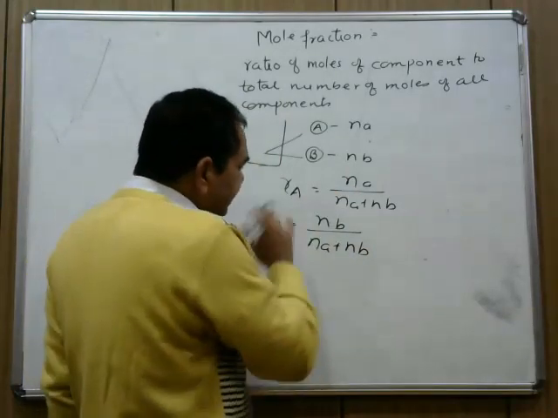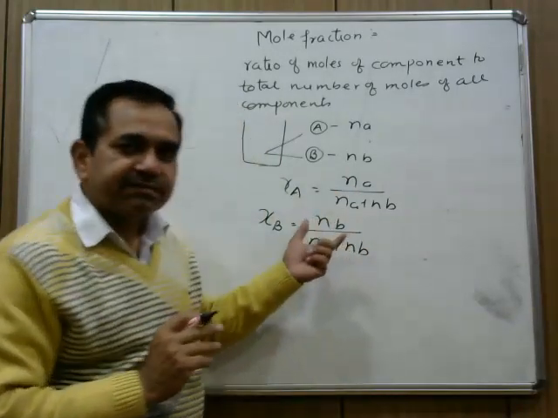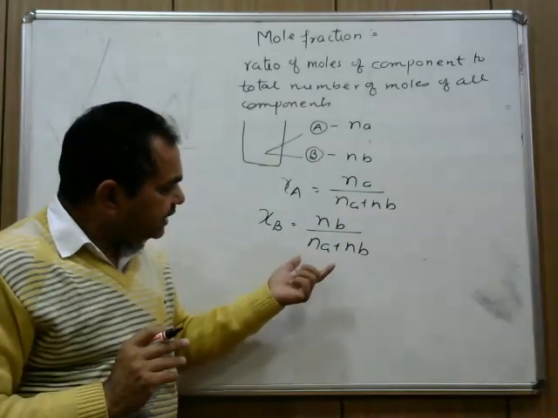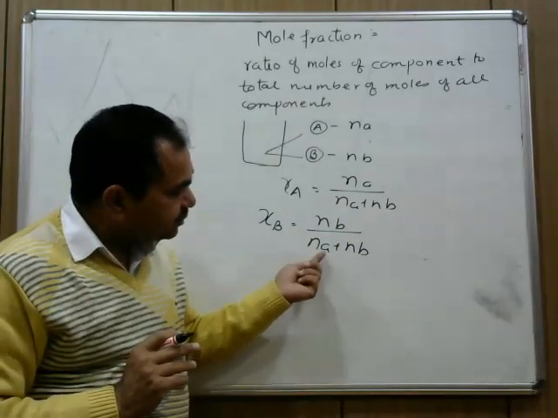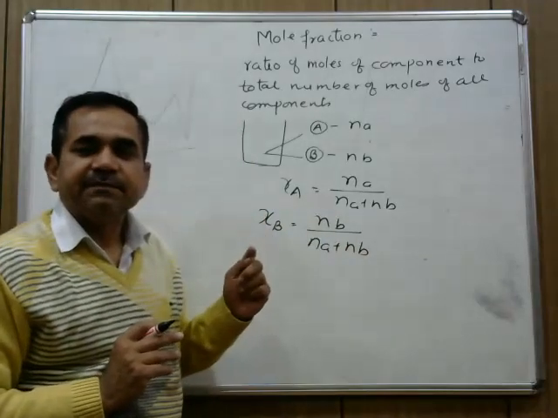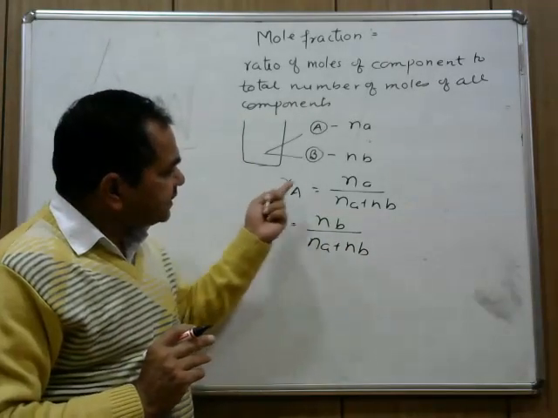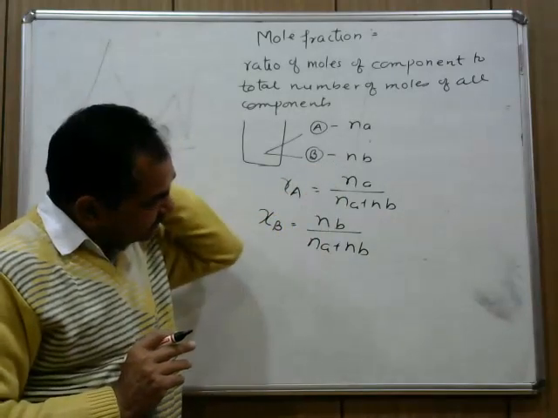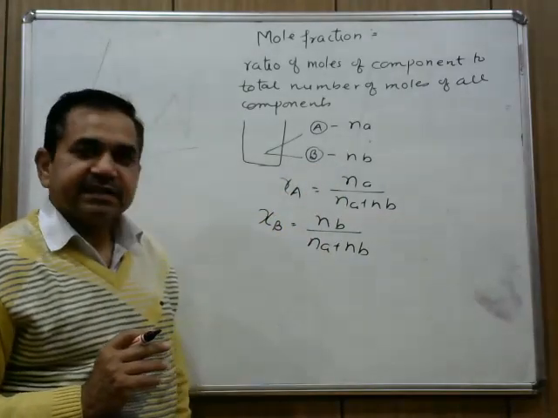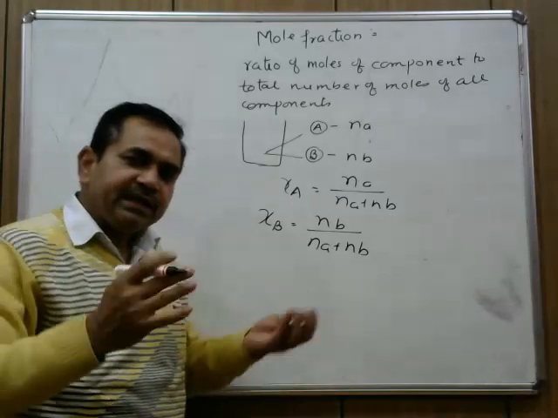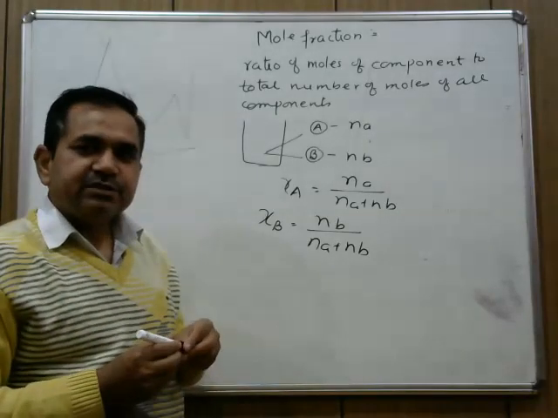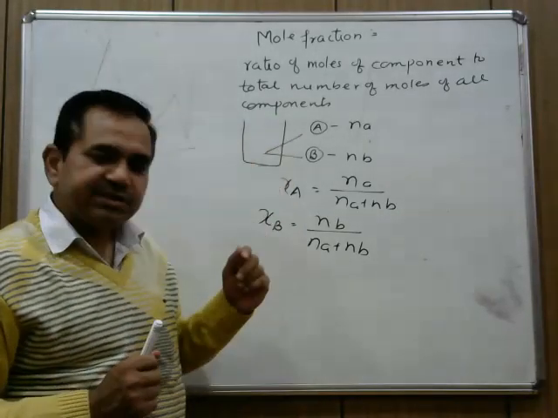So mole fraction of B is given by the number of moles of component B divided by the total number of moles of components A plus B, while mole fraction of A is given by Na divided by Na plus Nb. So if we are talking about binary solutions, there are only two components present.